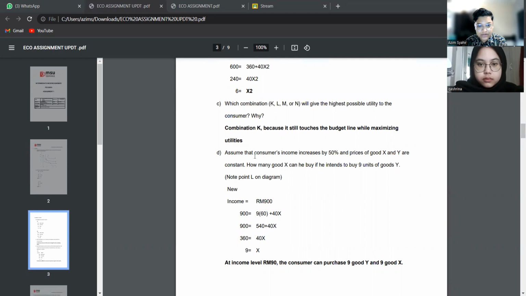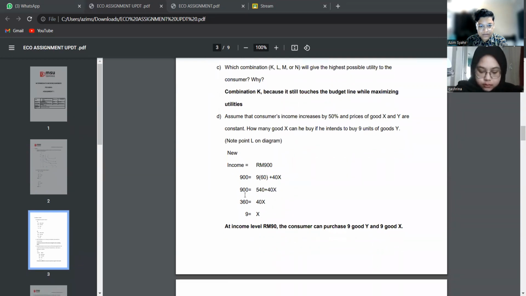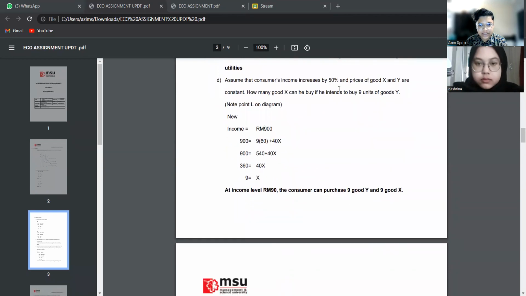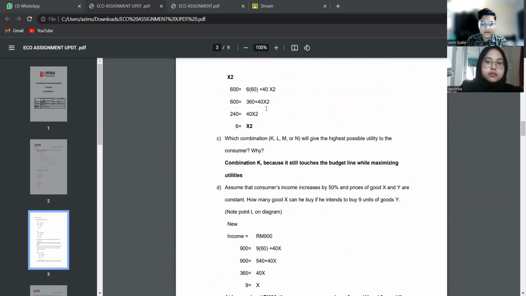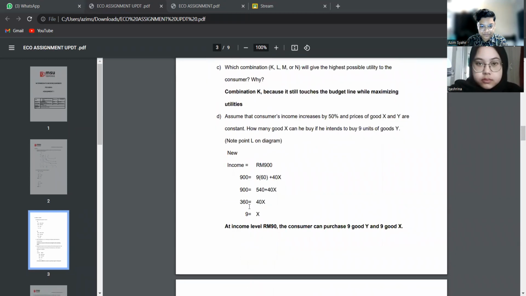For D, assume that the consumer's income increases by 50% and prices of good X and Y are still the same. How many good X can he buy if he intends to buy 9 units of good Y? So the new income is 900 ringgit, because a 50% increase from 600 is 900.